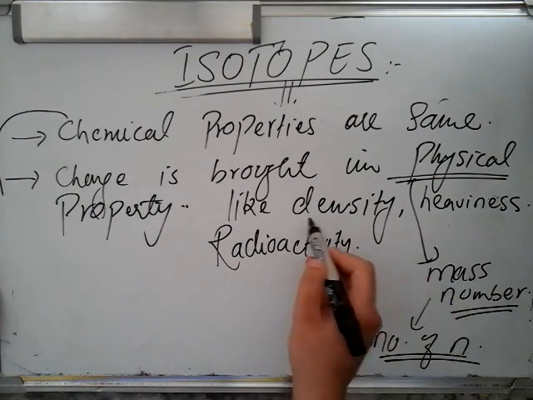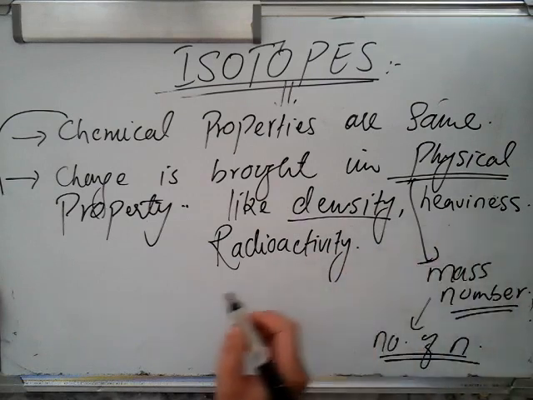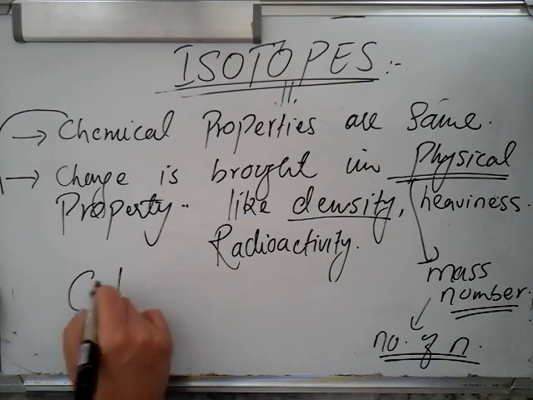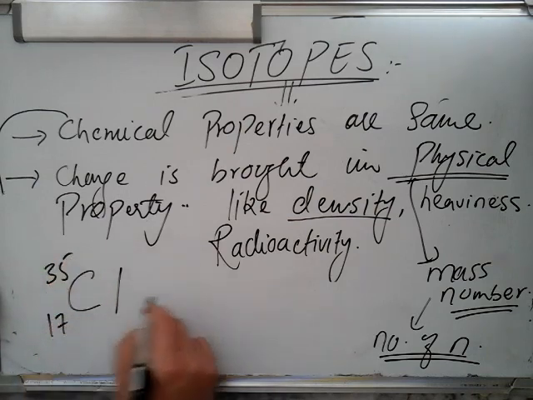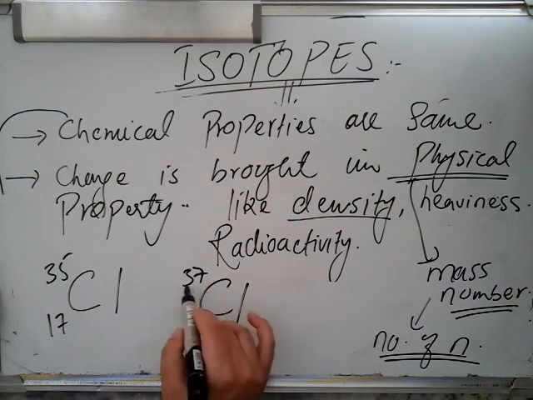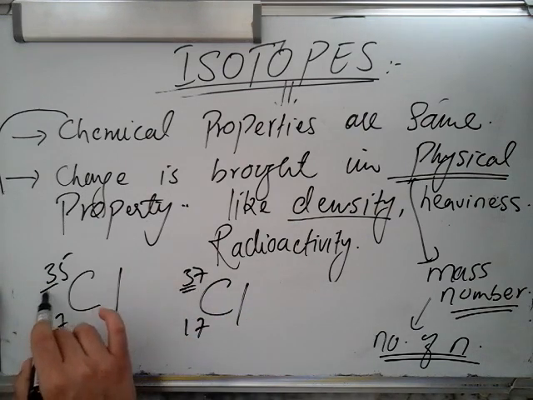Another thing is the density, or the heaviness. For example, there is an isotope like chlorine 35 (atomic number 17) and chlorine 37 (atomic number 17). Here the mass number is 37 and here the mass number is 35.